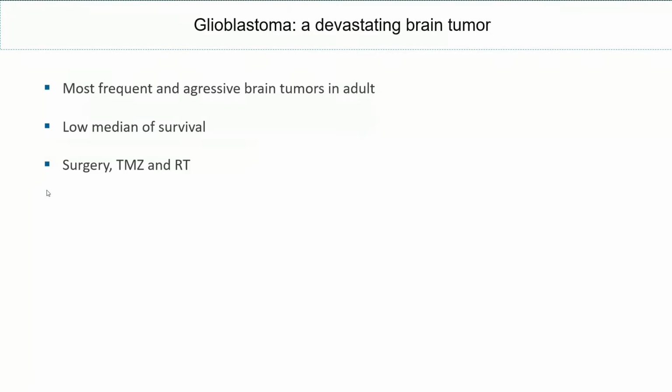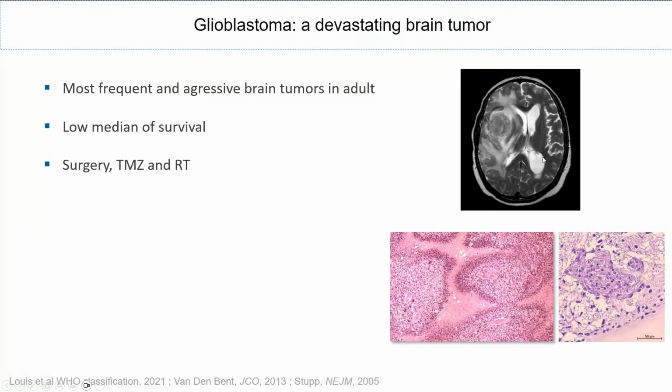So glioblastoma is the most frequent and aggressive brain tumor in adults. It's really a devastating tumor with a very low median survival. These tumors could be very huge, they are necrotic and highly angiogenic.